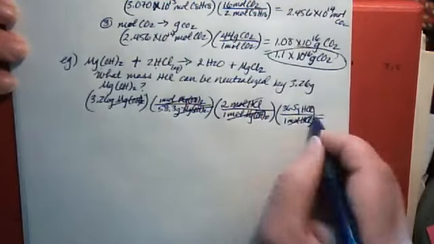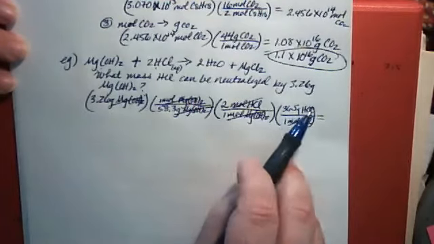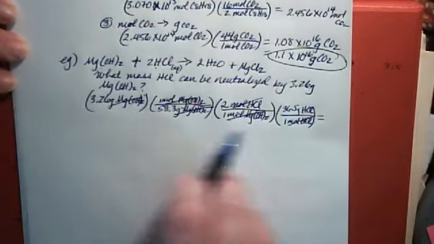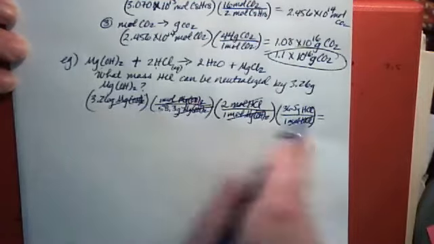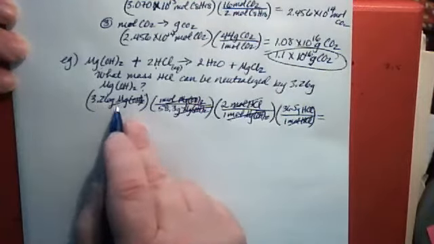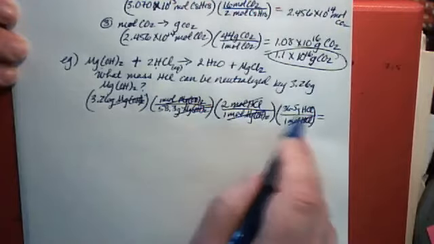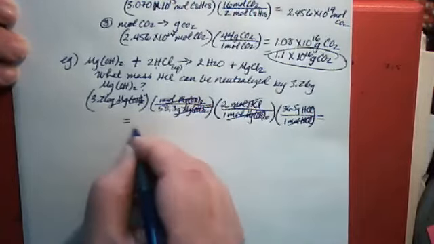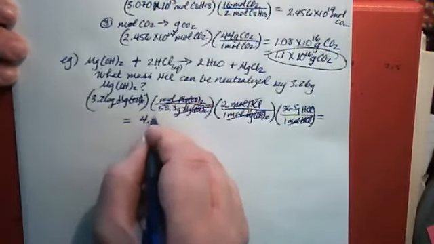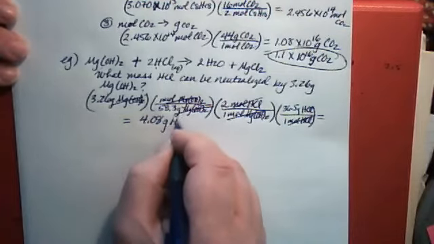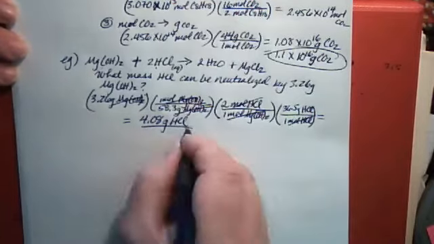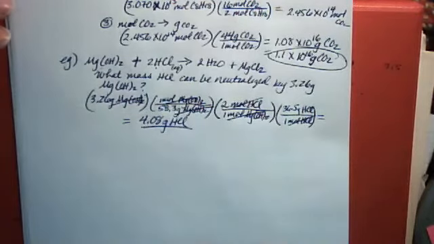Now moles of HCl cancel out, and you end up with grams of HCl as the only unit left. So now you can just go right across and take 3.26 divided by 58.3 times 2 times 36.5. And that should come out to be 4.08 grams of HCl. Okay, so that's another example there.